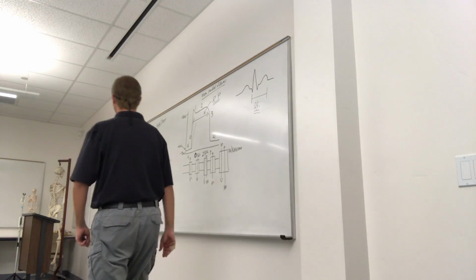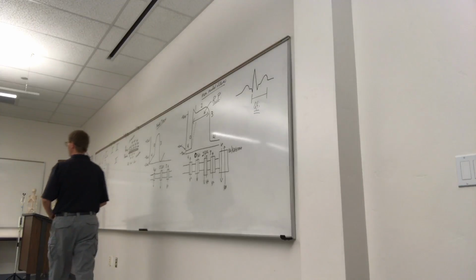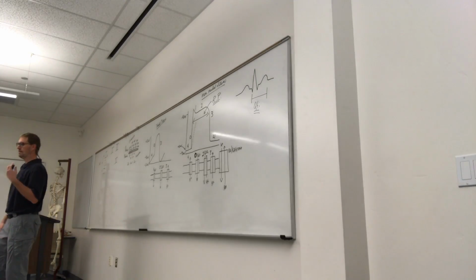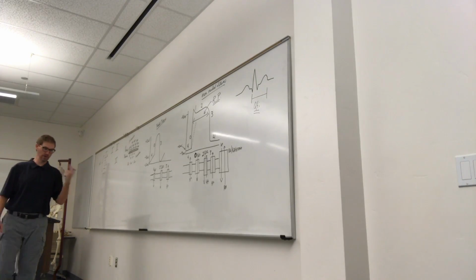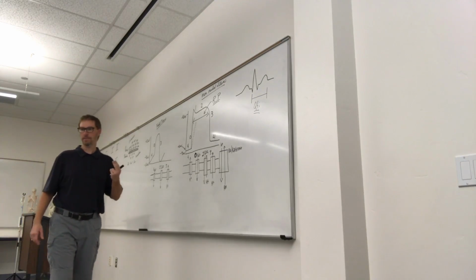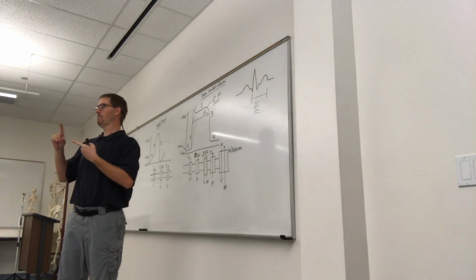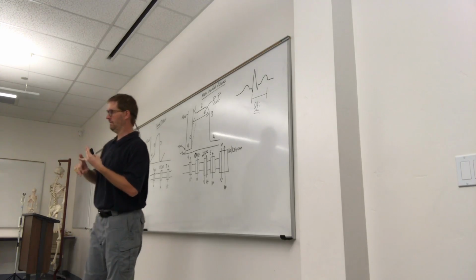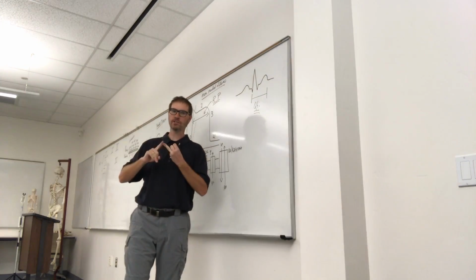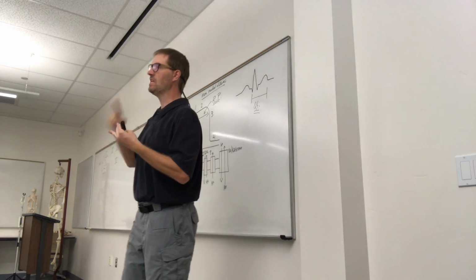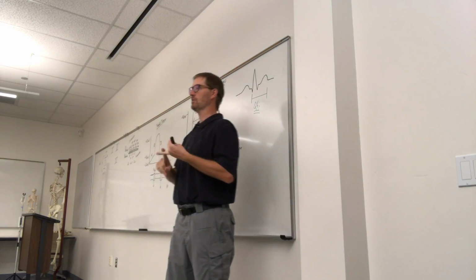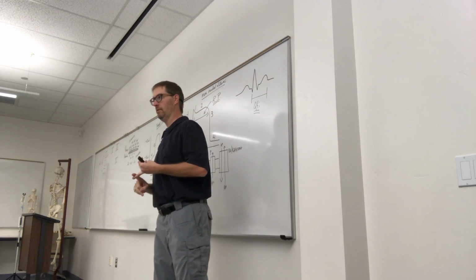Okay, and then finally our class 5 are our miscellaneous agents. And what are the 2 major agents that fall under the umbrella of your miscellaneous? Adenosine, magnesium sulfate, and digoxin. Digoxin's not in our scope of practice, but you need to know about digoxin because so many people are on it.